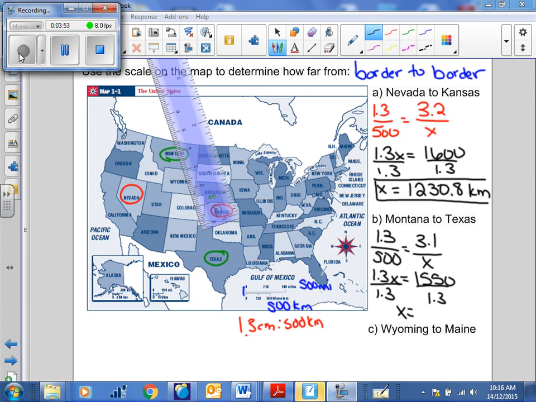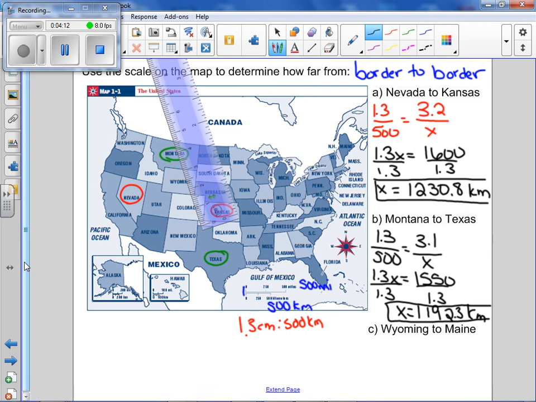And I get my x value to be 1,192.3 kilometers, roughly. Again, the goal here is to make sure you're showing your work, showing that you can set up the proportion, showing that you can measure the scale.